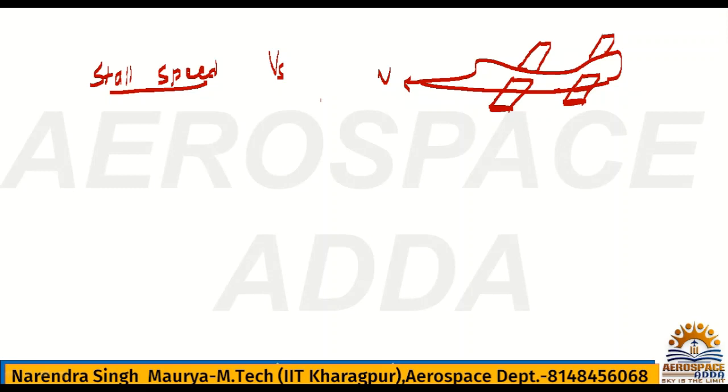So basically, for level flight, lift is equal to weight. Half rho V square S into CL, this is the lift formula. I told you, for level flight, lift is equal to weight. Now, if you check that velocity, velocity will be what?